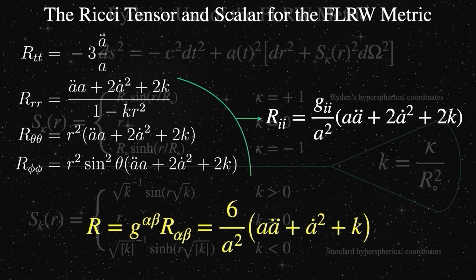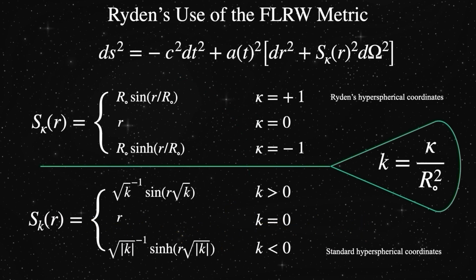Okay, let's file the Ricci tensor and scalar away for a moment to address a needed clarification from the textbook. Dr. Ryden uses a mostly non-standard coordinate configuration for her version of the Friedmann-Lemaitre-Robertson-Walker metric. She uses throughout the text an altered version of the standard hyperspherical coordinates. The good thing about using either form you see here is that the radial component is almost a distance.